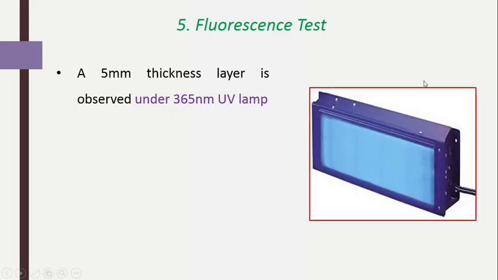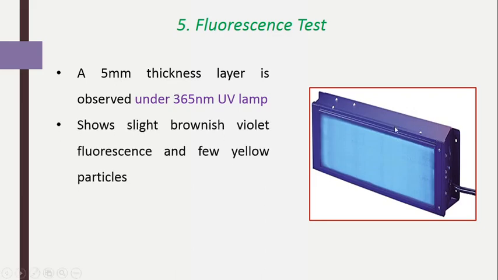You can see in this picture a 365 nanometer UV lamp. Using this UV lamp, the absorbent cotton is observed. Here the 5 millimeter thickness is taken for this test.